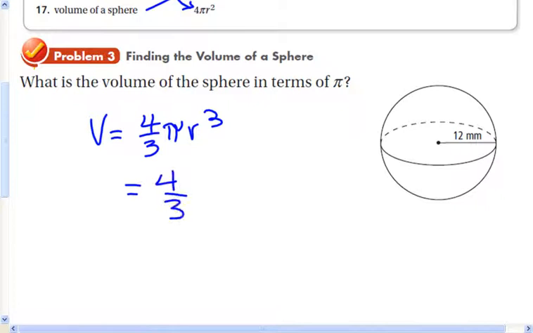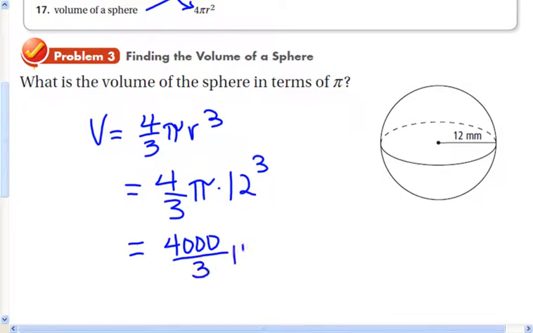Alright, we need to substitute the radius for r. We're going to do this in terms of pi, so we're not going to approximate. We need to do 12 cubed. And when we do that, we get 4 times 12 cubed divided by 3 times pi.